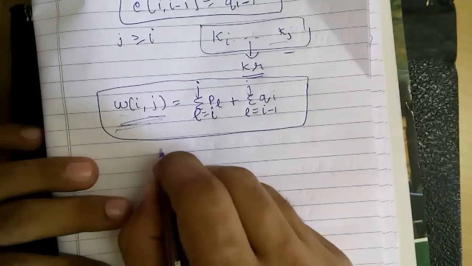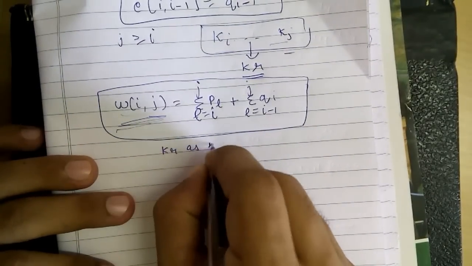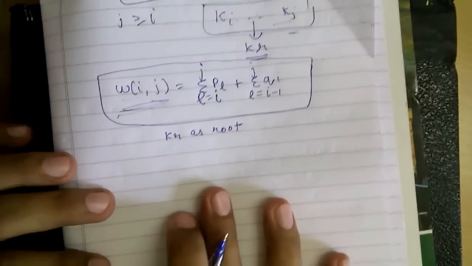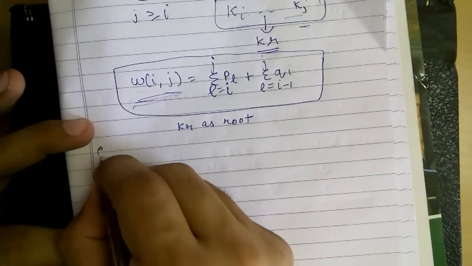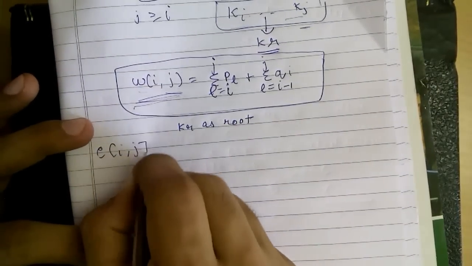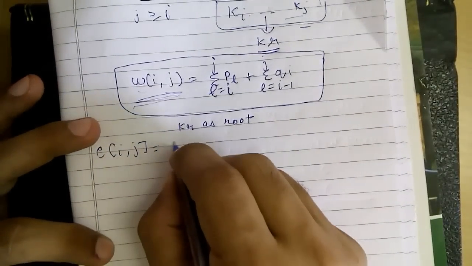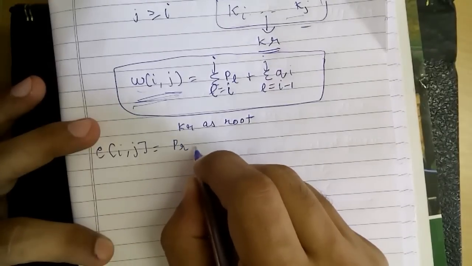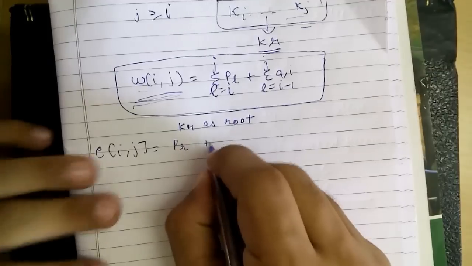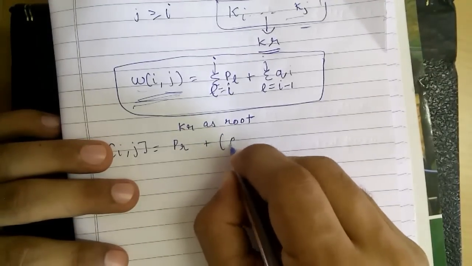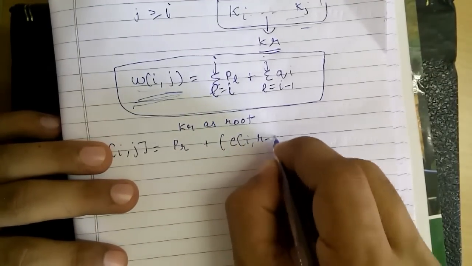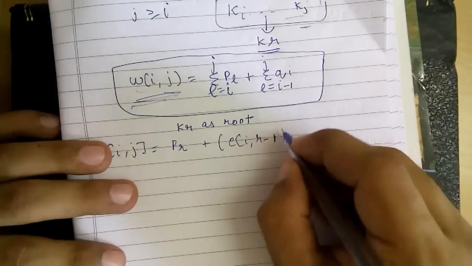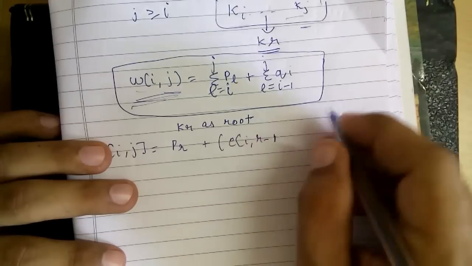Now we choose kr as root, so we can get the expression, that is the expected cost for i to j is the probability of the root, pr, plus the expected cost of the left subtree.